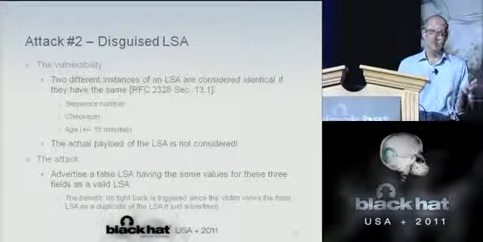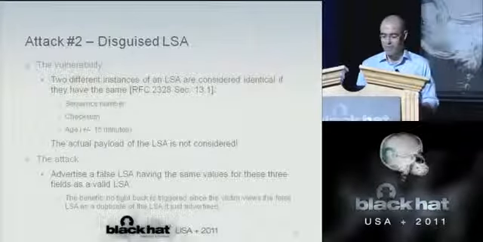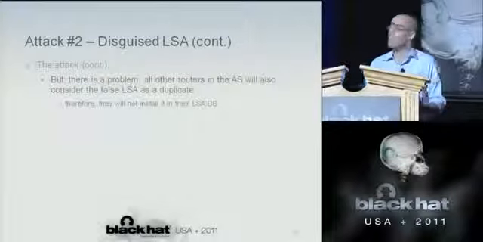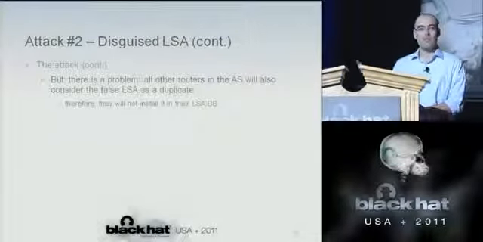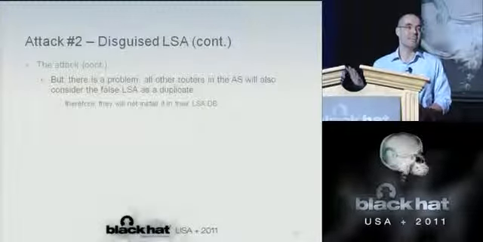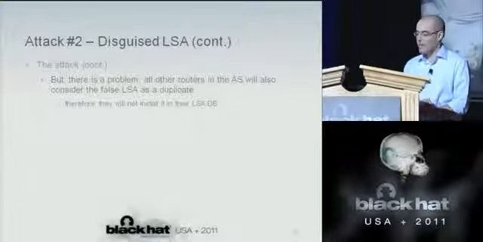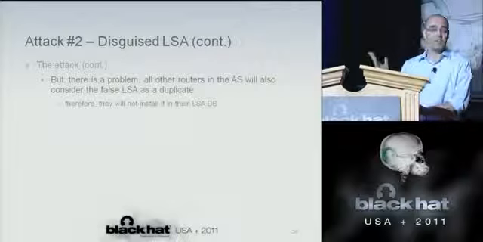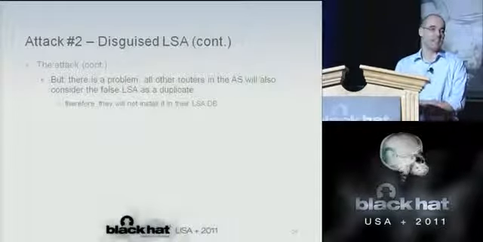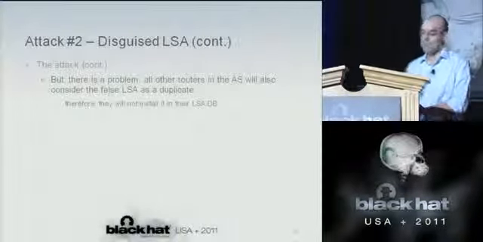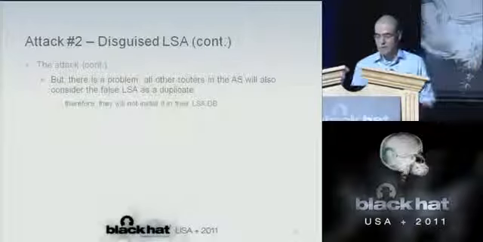So no fightback. That's a very good thing for the attacker. But there is a problem with this naive implementation of the attack, since all other routers will also regard this disguised LSA as a duplicate of the valid LSA. Therefore, they will not install the disguised LSA in the database, so no effect.